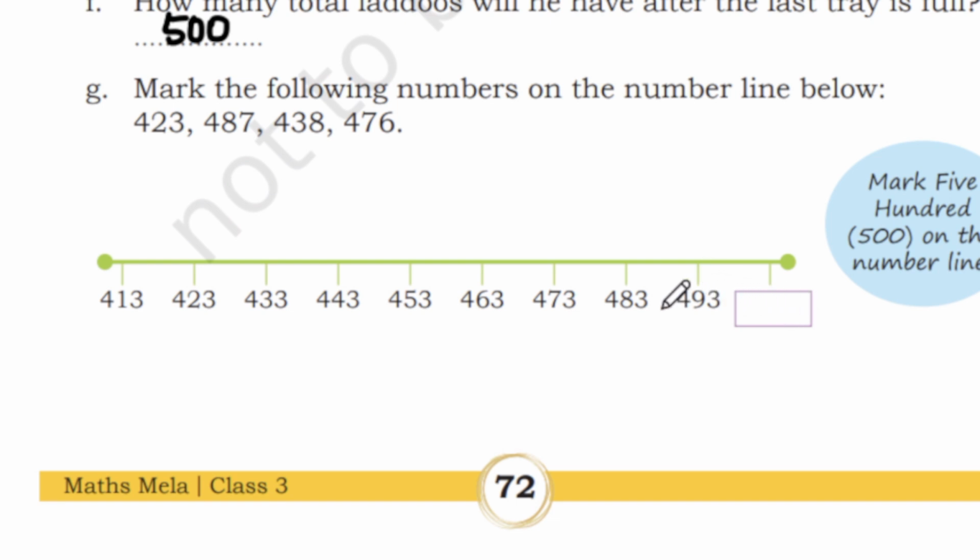If you see, there is a difference of 10 in each number. So after 493 we have to add 10. 493 plus 10 is 503. Okay, very simple question.